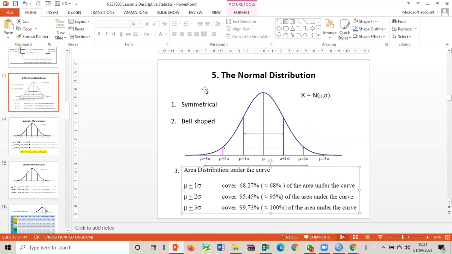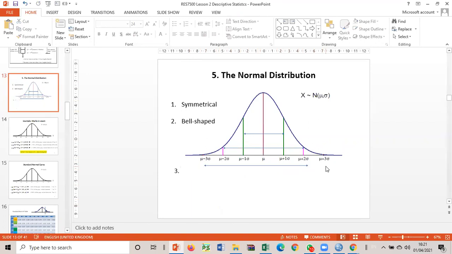Then we call it a normal distribution. Without this, we can't call it normal. It looks normal, but may or may not be normal, right?